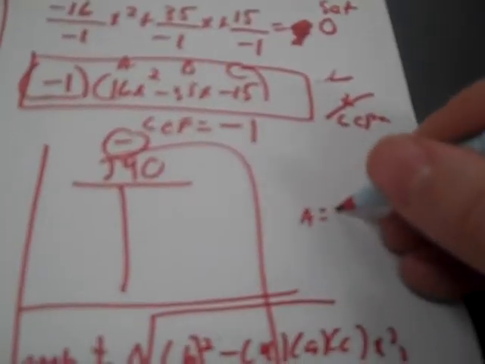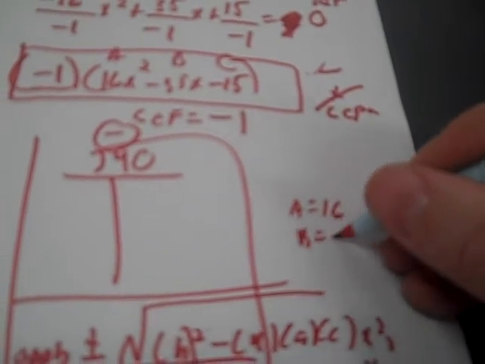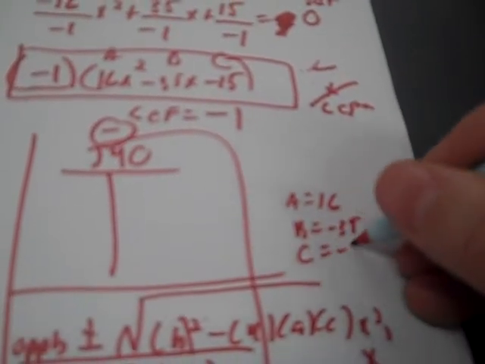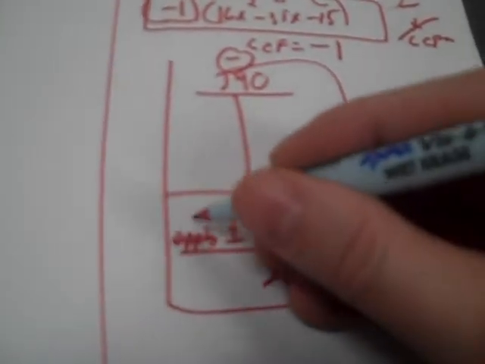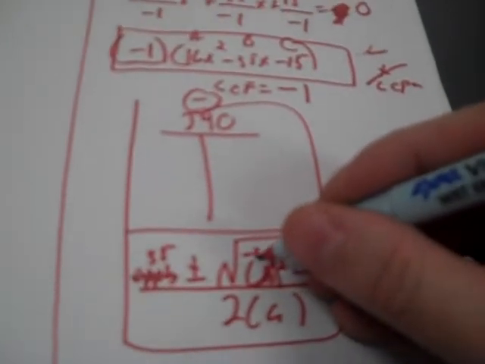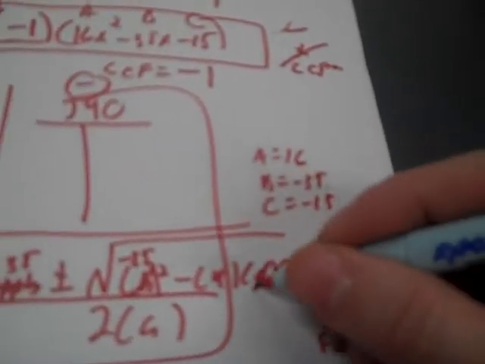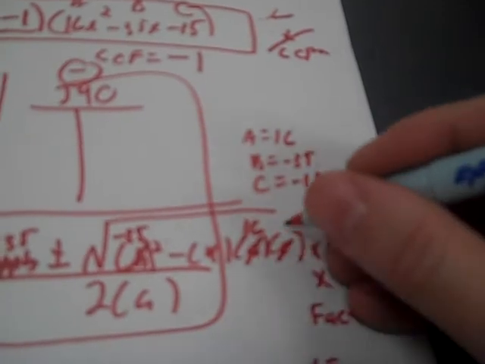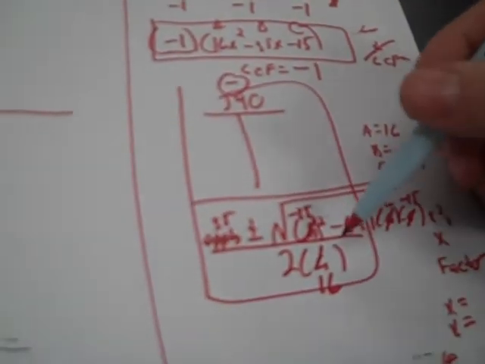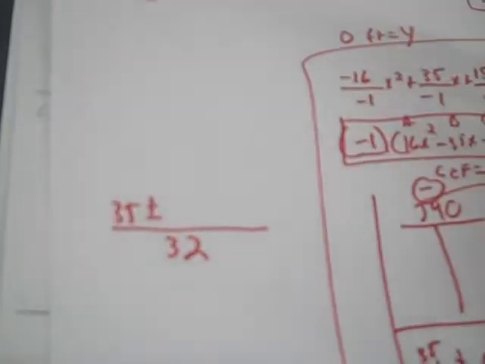So a is 16, b is negative 35, c is negative 15. So the opposite of b is 35. Ditch the b for a negative 35. You got 4, ditch the a for 16, ditch the c for negative 15, and ditch the a here for 16. So on the plus minus, we got a 35 in front, and 2 times 16 is 32. So in the denominator, we have 32.